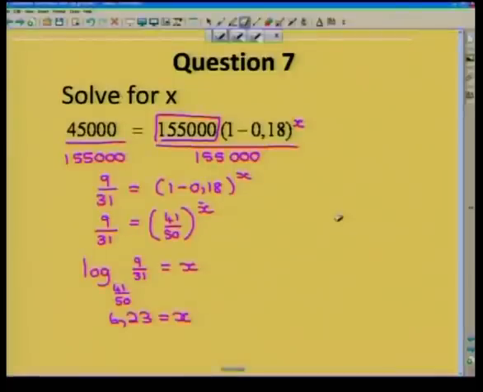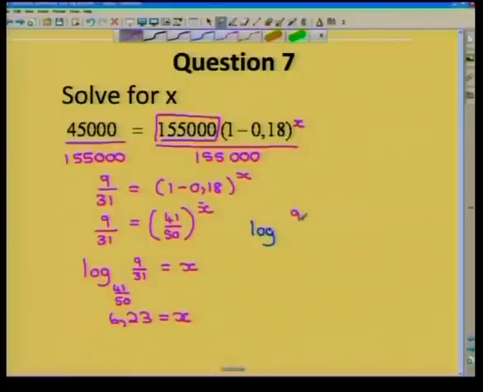Right, the second way, as I said to you, is to log both sides. So what I'm going to do is go log of 9/31 equals the log of (41/50)^x. Now, of course, if that's an equation and I do the same thing to both sides of my equation, there's no problem.